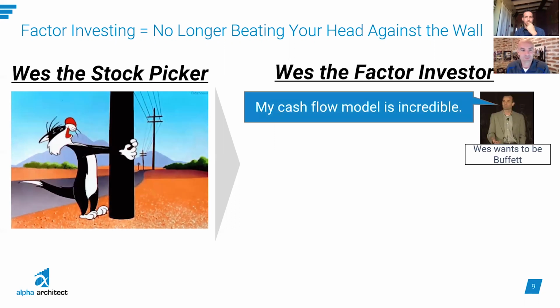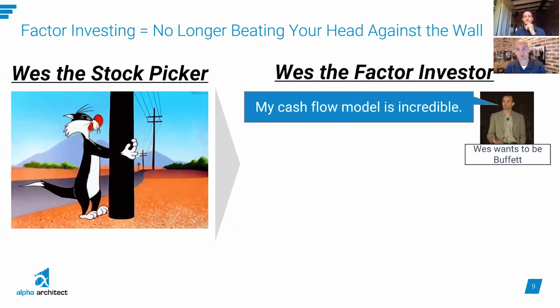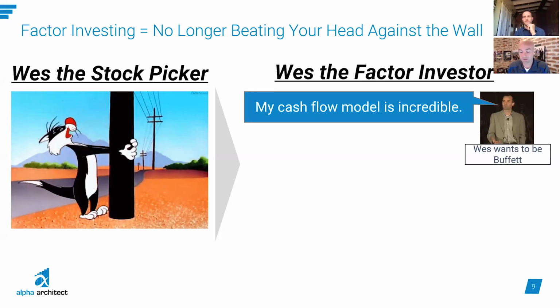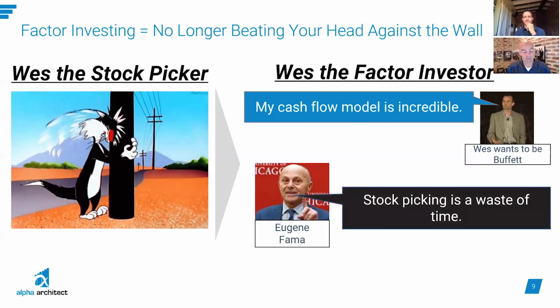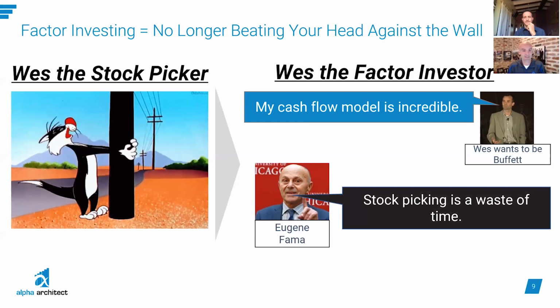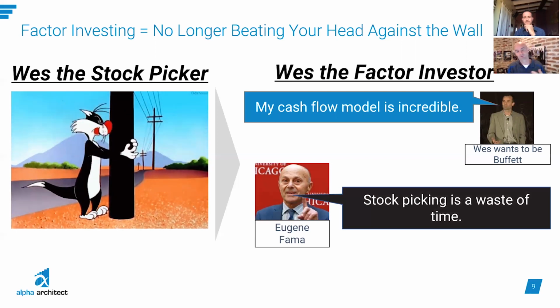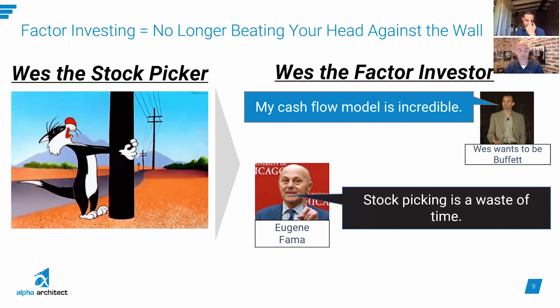I took that experience to grad school, in the PhD program at the University of Chicago, and I still thought I could be Wes, the stock picker. But unfortunately, I ran into this gentleman named Eugene Fama, who was my advisor, and he convinced me otherwise. Through that process, I essentially moved from being a stock picker to being a more systematic investor.